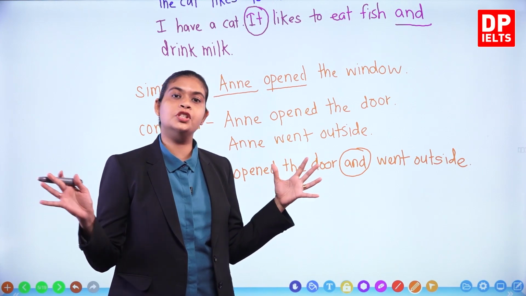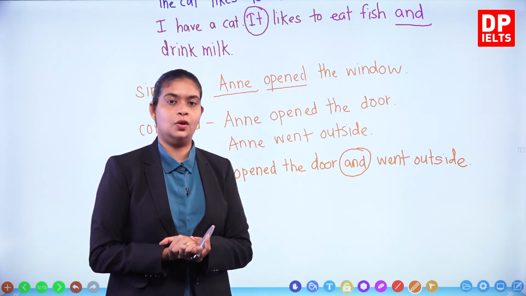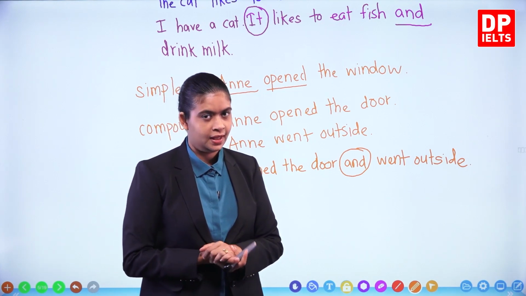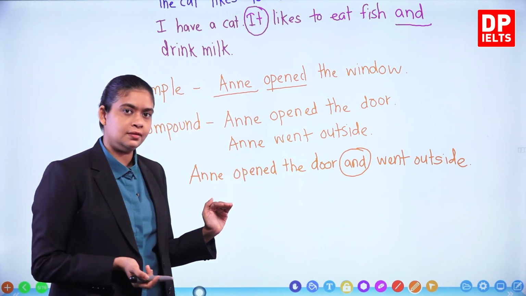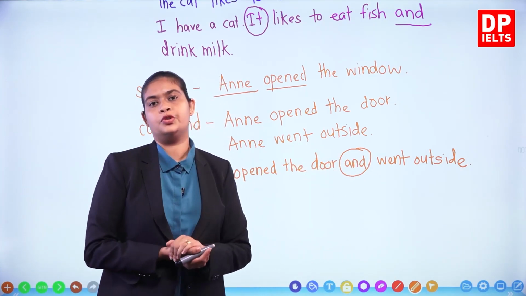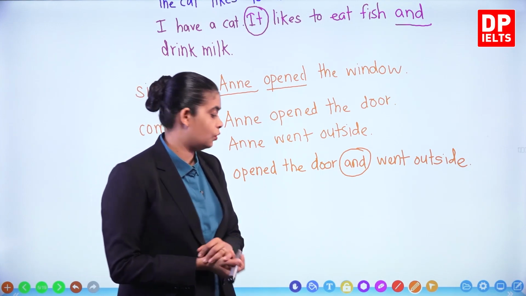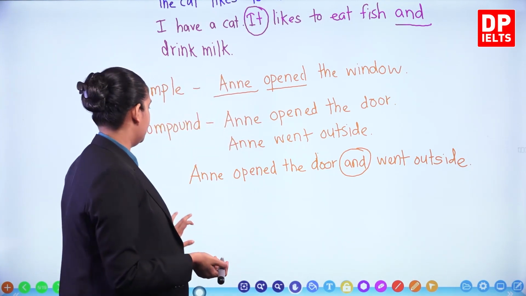So there you're putting two simple sentences together using a coordinating conjunction. Here as well, still there are two independent clauses put together. They have a completed thought or a meaning.